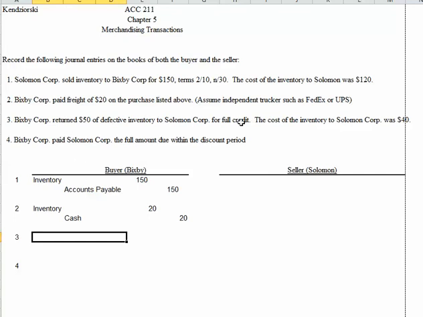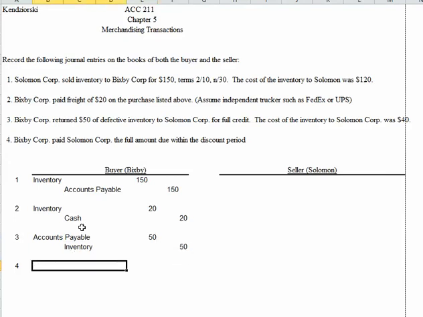We are getting credit for this return. We haven't paid for the goods yet. So what we're going to do is send the goods back and reduce the amount that we owe. So we'll debit accounts payable to reduce the amount that we owe by the $50 that we're sending back, and credit inventory as it is being returned. And that's the third entry.